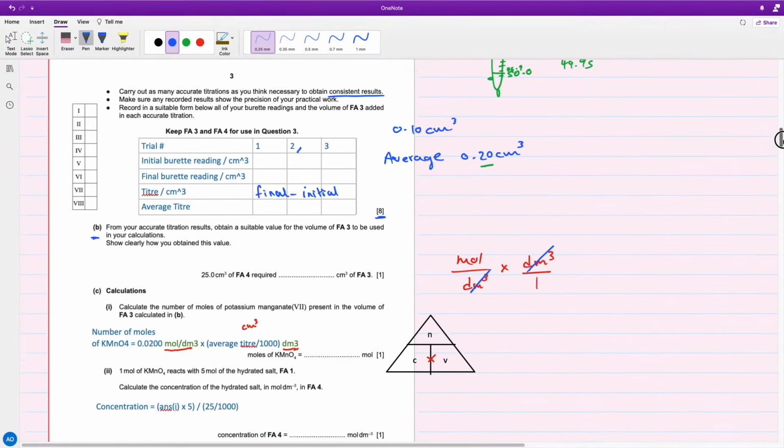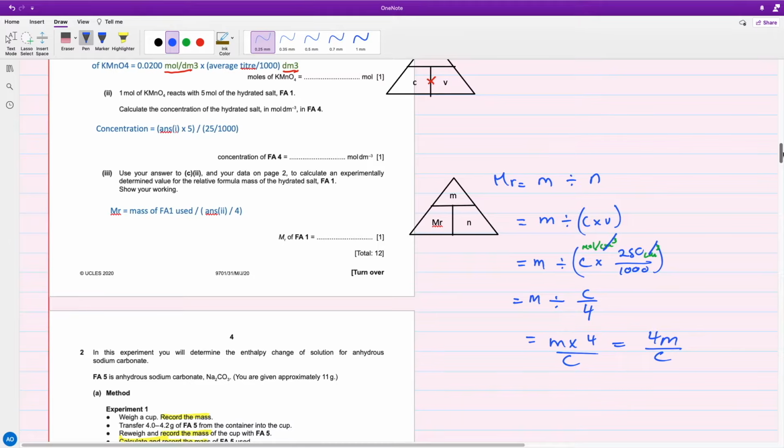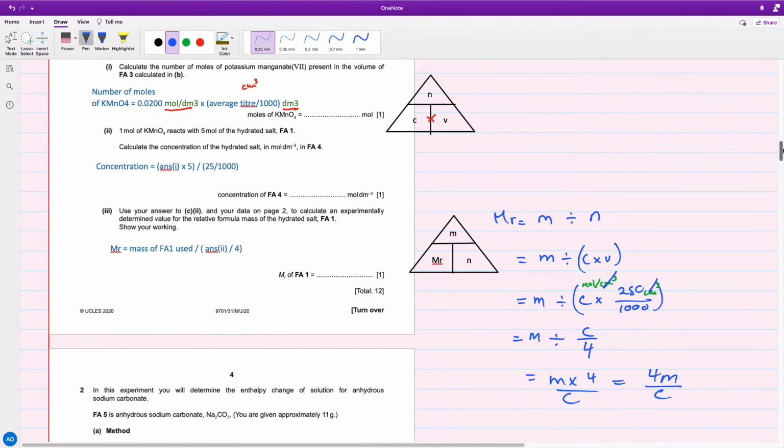So you use 25 centimeters cubed, and you again divide by 1,000 to get the decimeter cubed, and that will give you your answer. Now for part triple I or part 3, you're trying to find the molecular mass.